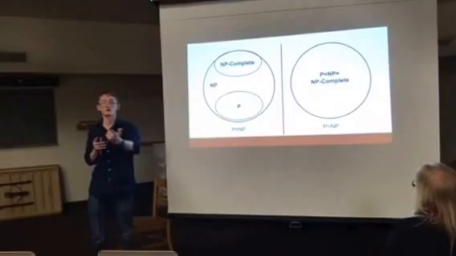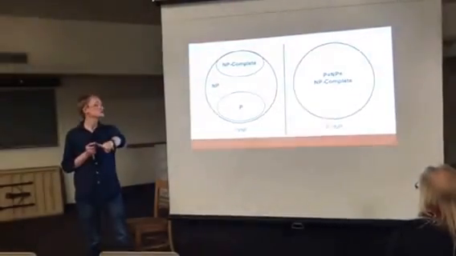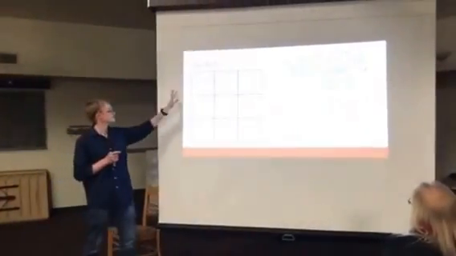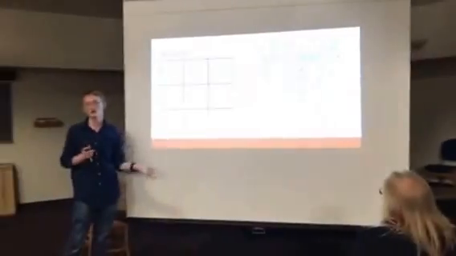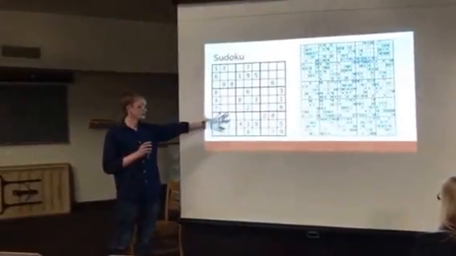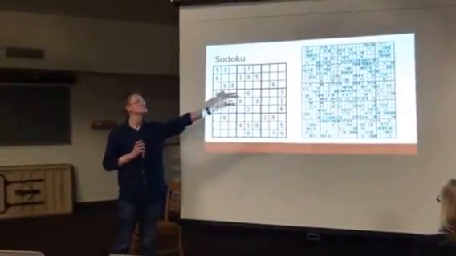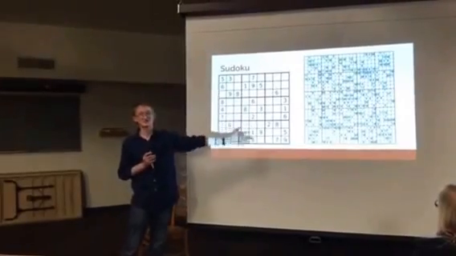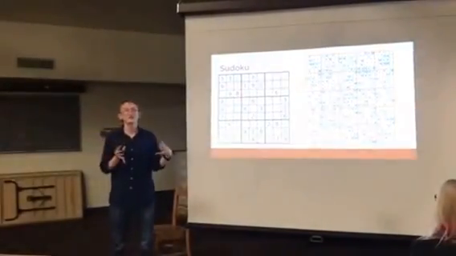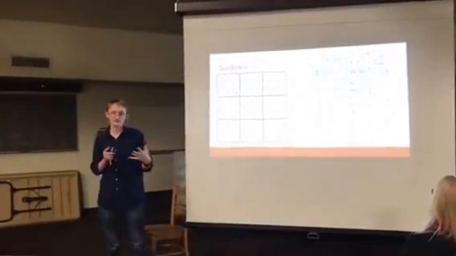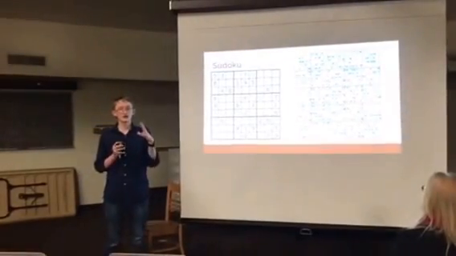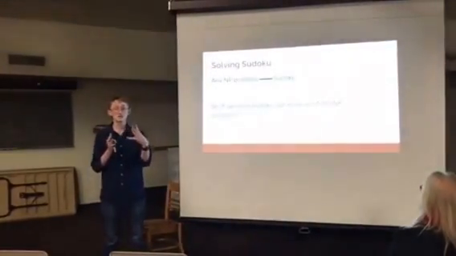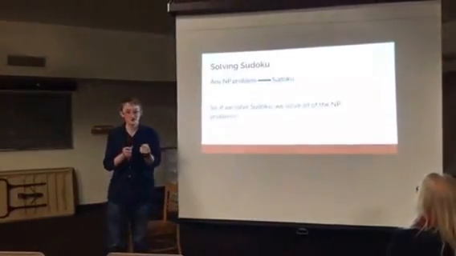For example, Sudoku. Sudoku is a puzzle we're all fairly familiar with. It's generally played on a 9x9 board, but it can be enlarged to a 25 by 25, or shrunk down, so we can change the size of it. Now, it turns out that every NP problem can be changed into Sudoku quickly.